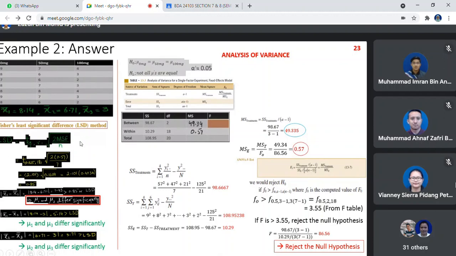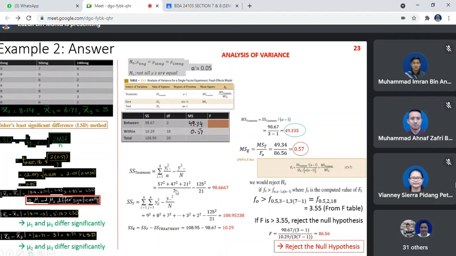The method of calculation is shown on the left side, where we have the MS treatment is 49, MSE is 0.57. We have to put it in this box here.